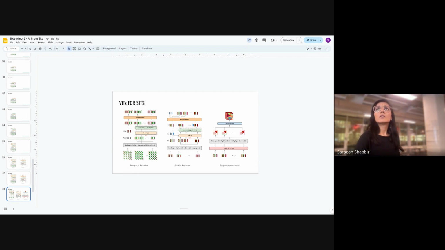Let's see. So, for example, this is this, and then when they move it to pixels, 24 by 24. So if we do the math, what do we get? 24.